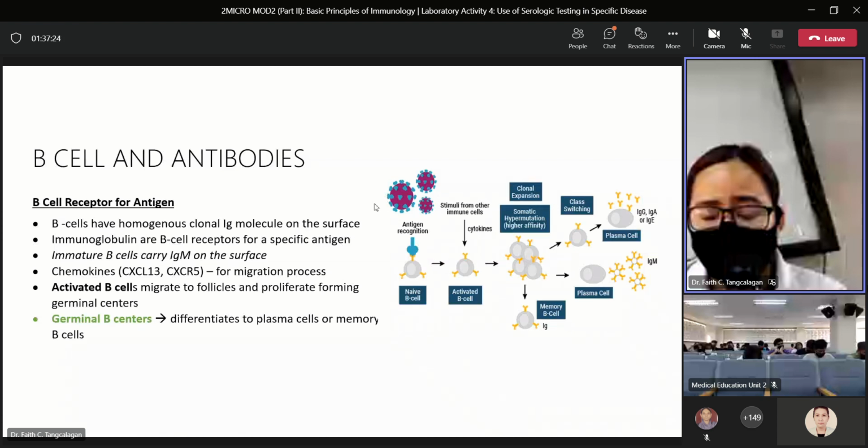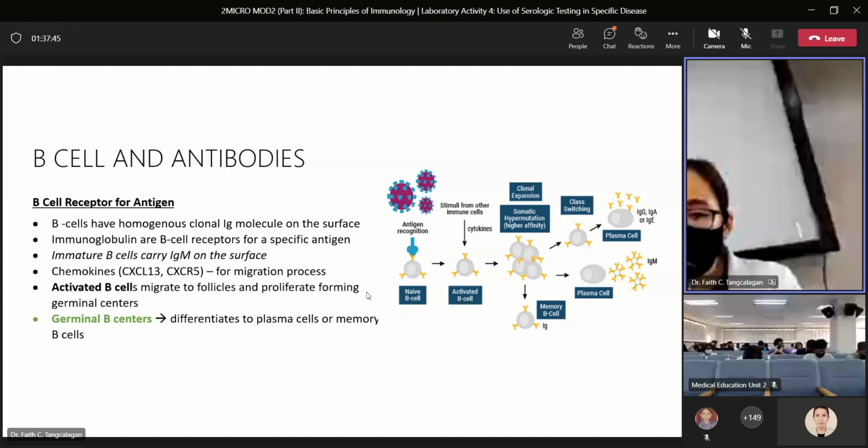It then has a higher affinity for these antigens, hence differentiates to memory B cells. These memory B cells are also called plasma cells, so they already have that antibody present in them. They differentiate in the germinal centers to become memory cells.